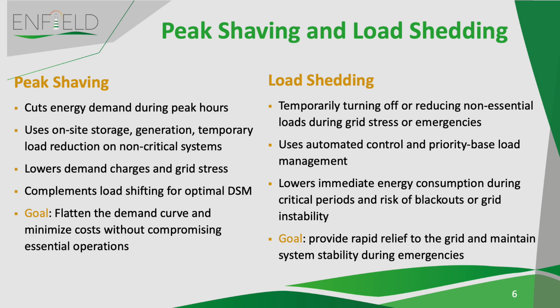The goal here is simple: provide rapid relief to the grid and keep the system stable. Together, these three techniques, load shifting, peak shaving, and load shedding, make smart buildings active players in energy management, reducing cost for owners and supporting a more resilient, sustainable energy system.